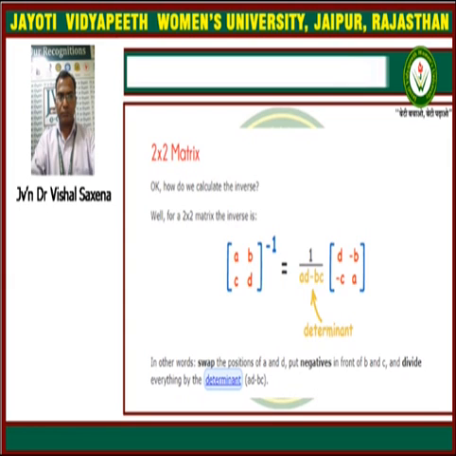So the inverse of the matrix A, B, C, D, that is the matrix to the power minus 1, is equal to 1 upon AD minus BC, which is called the determinant of the matrix ABCD, multiplied by the matrix D, minus B, minus C and A. So in other words, swap the positions of A and D, put negatives in front of B and C, and divide everything by the determinant AD minus BC.